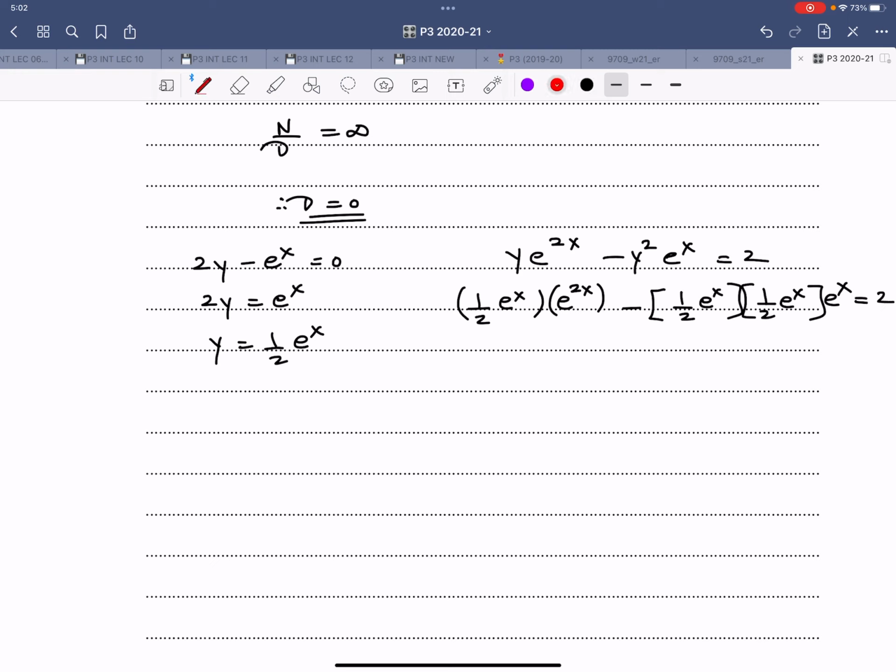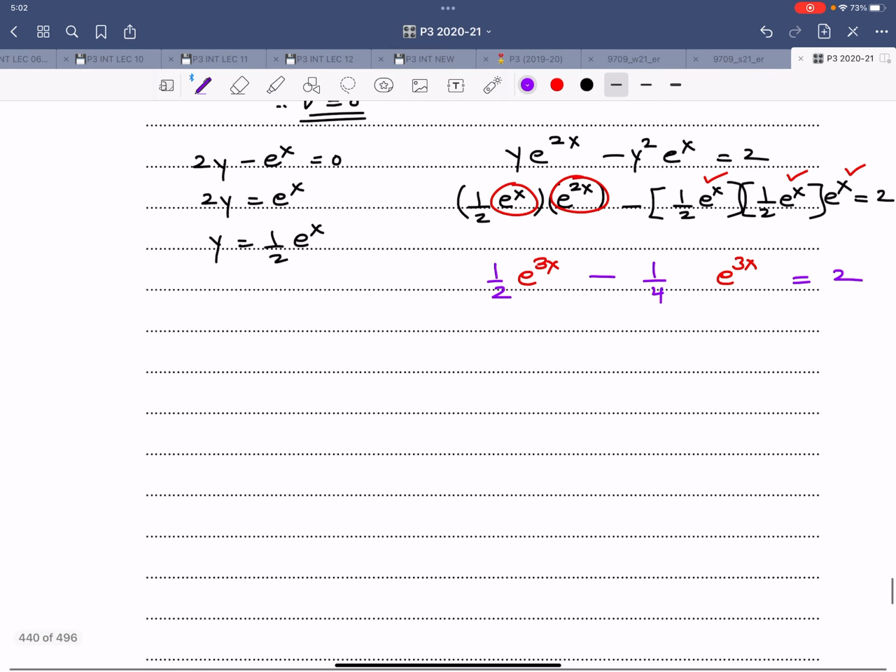So e^x times e^(2x) is e^(3x), and this is e^x times e^x times e^x, that is also e^(3x). What is left is a half minus 1/4, and this equals 2. So half minus 1/4, when you take e^(3x) common, is 1/4, equals 2. e^(3x) equals 8.